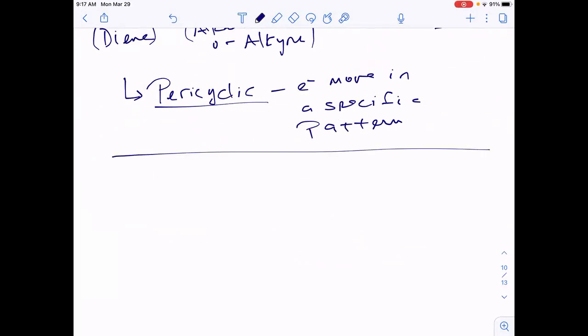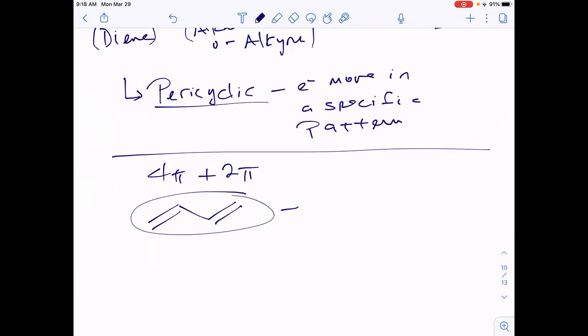So this 4 pi plus 2 pi is always going to result in the same thing, a 6-member ring. I had the diene drawn like this, but in reality, when it reacts, this conformation is called S-trans.